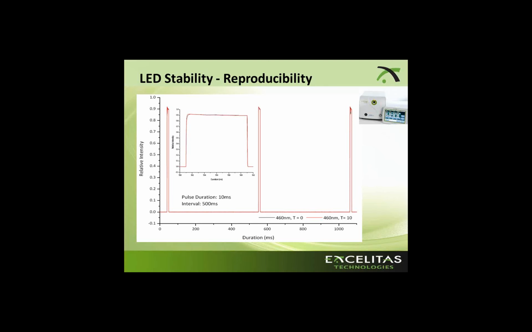And that's basically the moral of the story here: even though you may see the initial dip, because it's inherent in LEDs and there's nothing we can do about that, if you look at the overall amount of light reaching your sample, it is repeatable every single time you turn the LED on and off. And that's the beauty of LEDs.